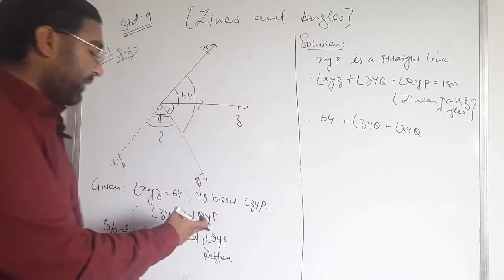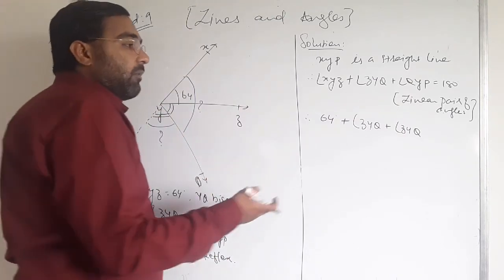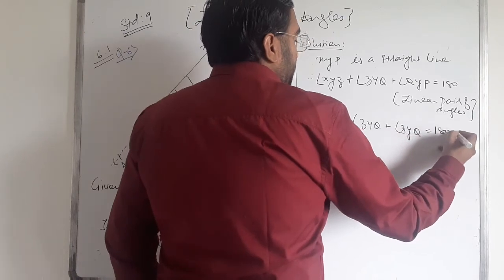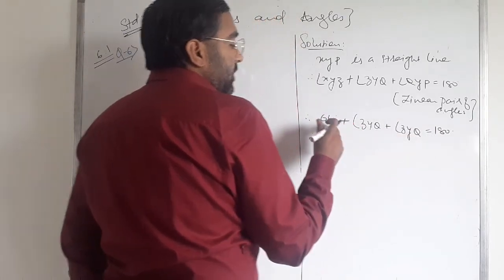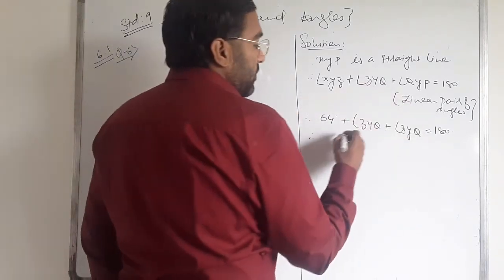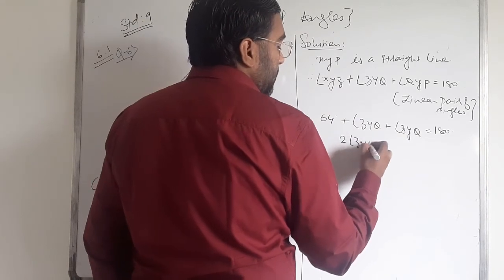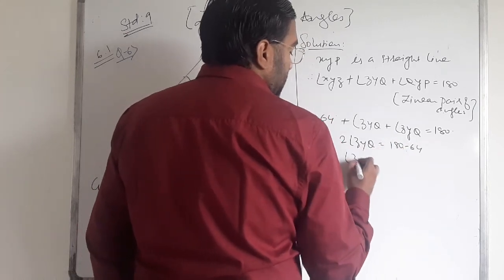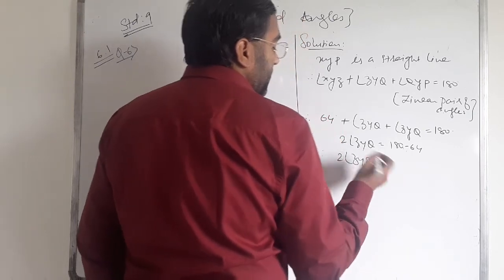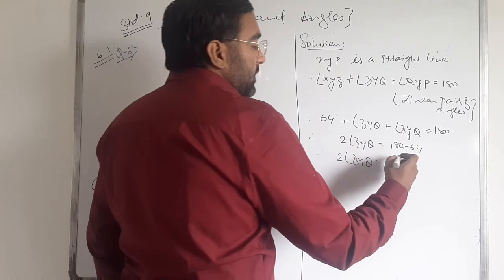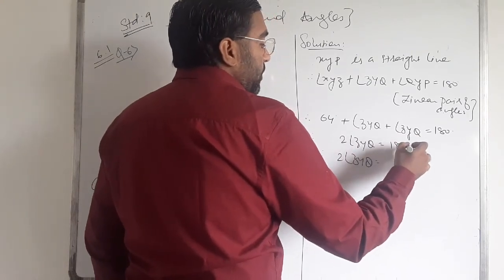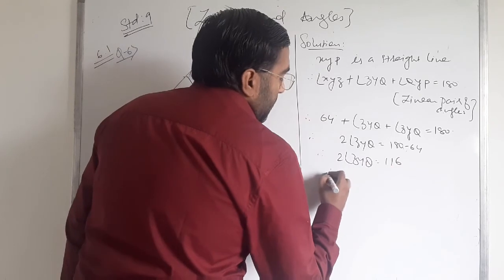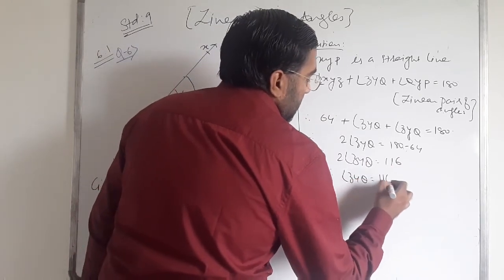In place of QYP, I'll write ZYQ because both of them are equal, equal to 180 degrees. So now 64 is shifted to the other side. So 2 times ZYQ is equal to 180 minus 64, that is 116 degrees. Therefore angle ZYQ is equal to 116 by 2.